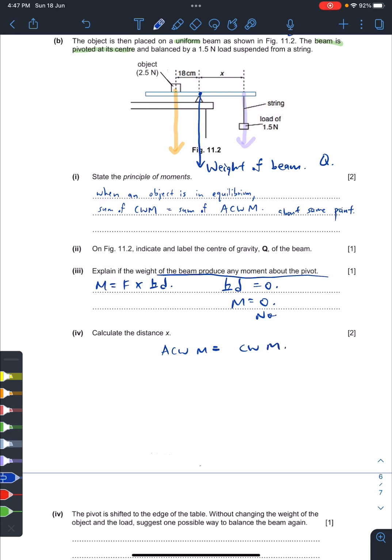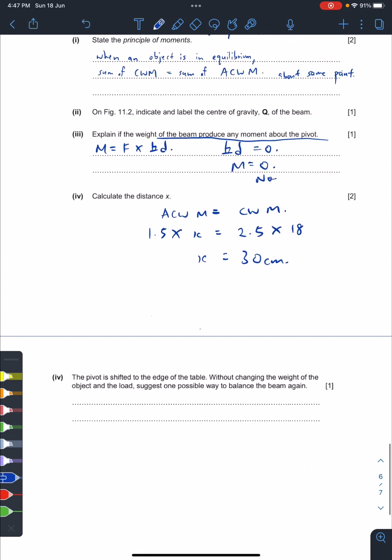So this is 1.5 times x equal to clockwise 2.5 times 18. X is equivalent to 2.5 times 18 divided by 1.5. 30 cm. Cool.